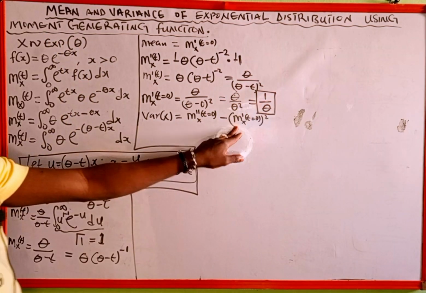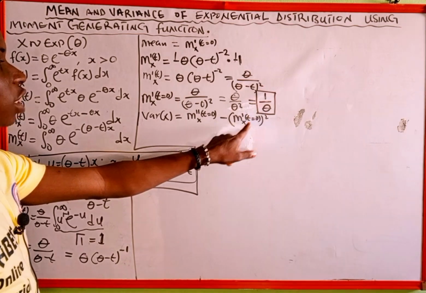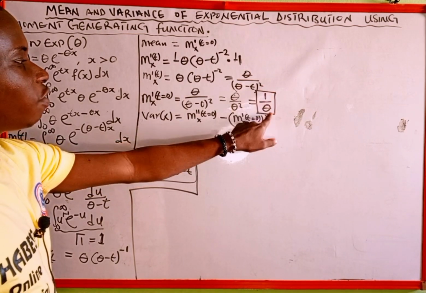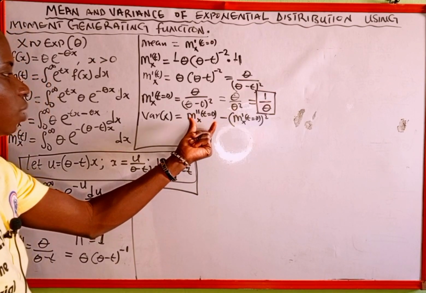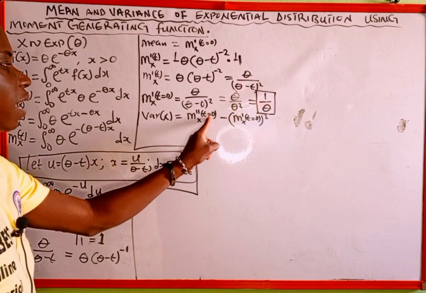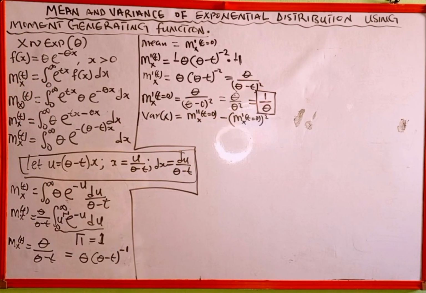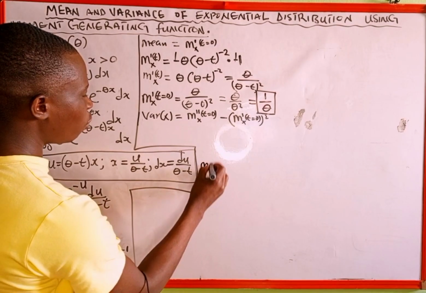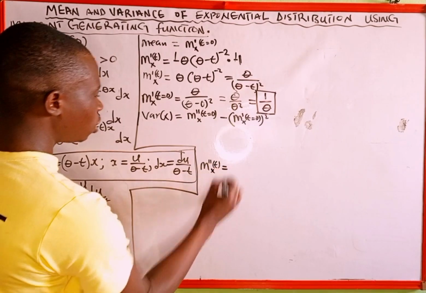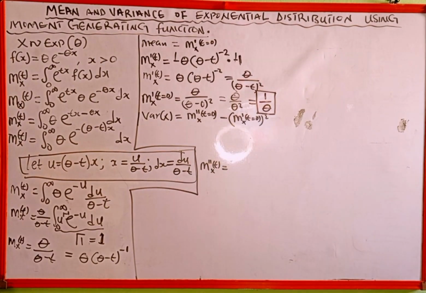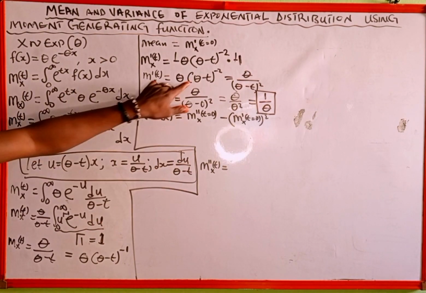We have found M at first derivative sub x and t is equal to 0 to be 1 over theta. So all we are going to do is just to square this. So what we are going to look for is the second derivative and we set t to be equal to 0. So we're going to look for M at second derivative of t sub x, which implies we are going to redifferentiate this function.